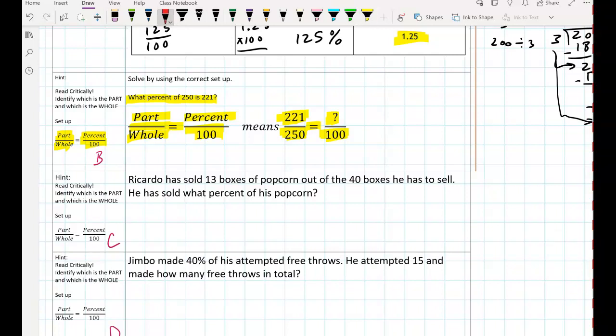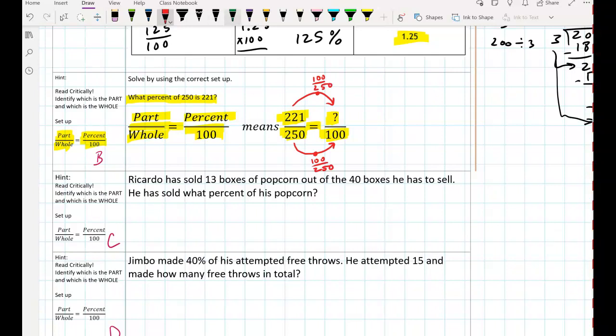So, just like every other proportion, we have to say, hey, how do I get from 250 to 100? Well, I would have to multiply that by 100 over 250. And if I did that there, I would have to do the same thing up top. Multiply that times 100 over 250.